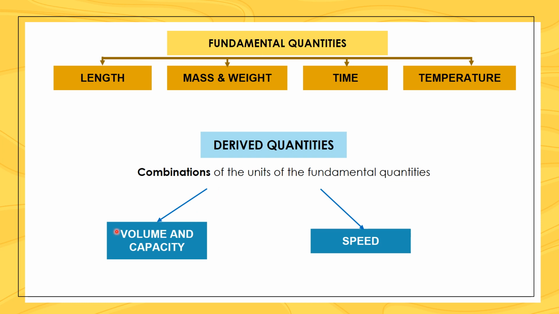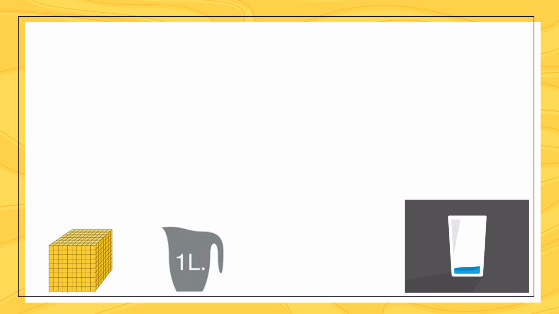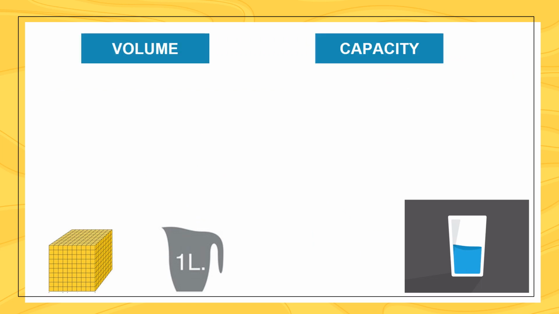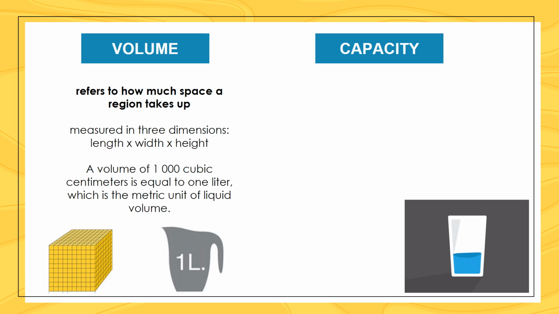So let's proceed with this first derived quantity, volume and capacity. We somehow interchange these two, the volume and capacity. So what is the difference between these two? When we say volume, it refers to how much space a region takes up, while capacity refers to how much a container will hold. For example, this glass, the capacity of this glass is 300 milliliters.